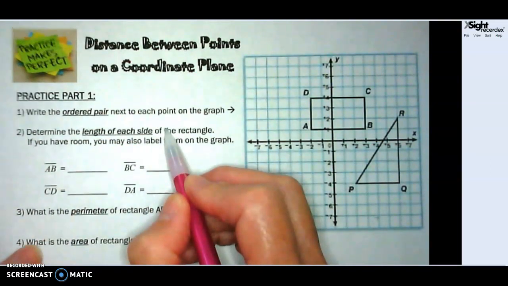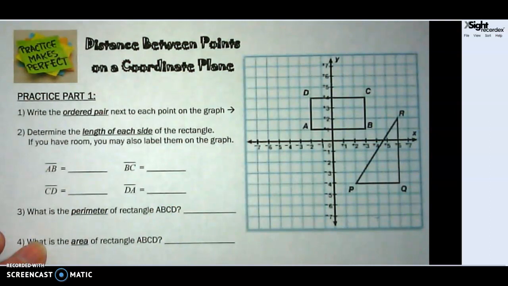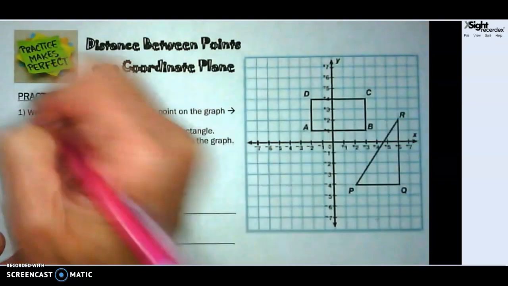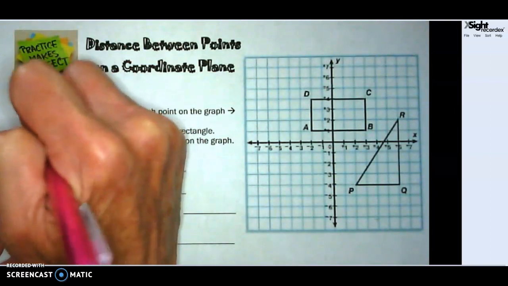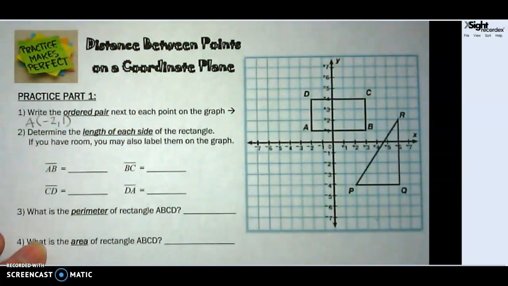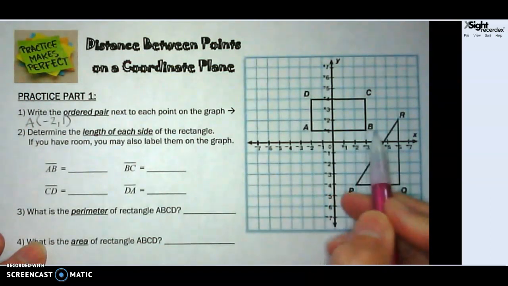Write the ordered pair next to each point on the graph. I'm going to run out of time in just a few minutes, but I would recommend that you write the coordinate pairs here. Like A is -2, 1. So this will be some good practice for you reading a coordinate grid.